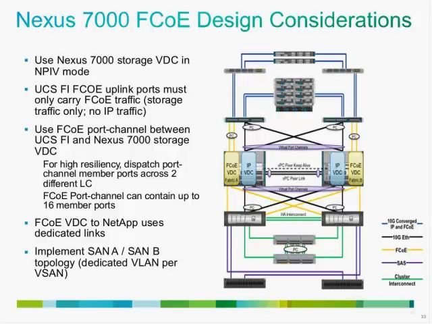And when the traffic reaches the 7K, based on whether it's Fibre Channel over Ethernet traffic versus IP traffic, Nexus 7K associates that traffic either to the SAN VDC or to the LAN VDC. In our design, we wanted that functionality with the port channel, and that functionality was only supported on a single wire, so essentially a single connection.